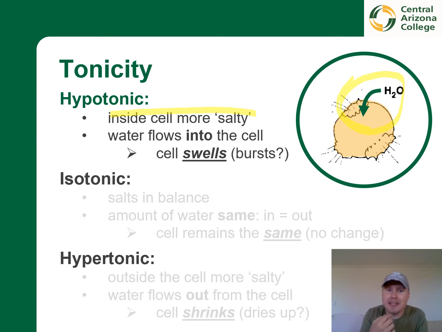Well, as a result, the cell will gain water and it will swell as more water flows in. And if the difference in concentrations is too high, the water will just keep flowing in more and more, and as a result, the cell may even end up bursting. This would not be good, would it?